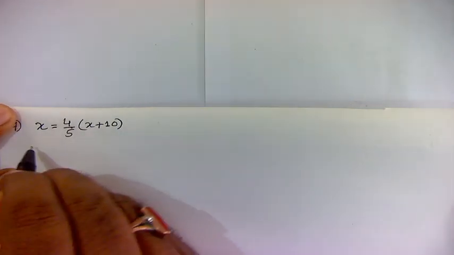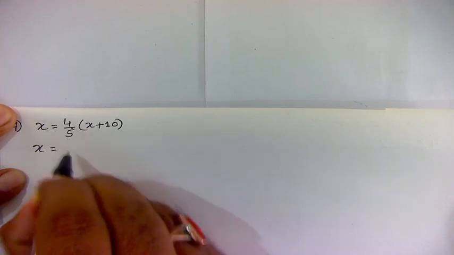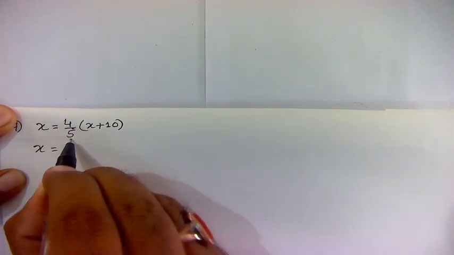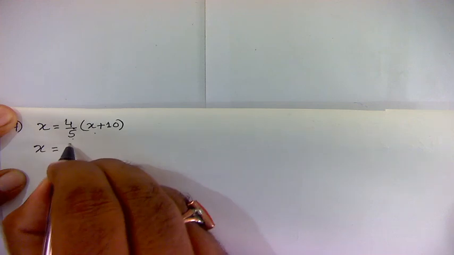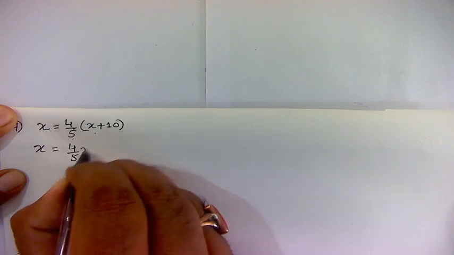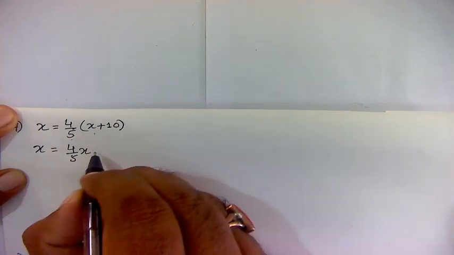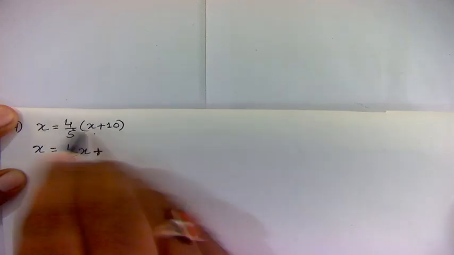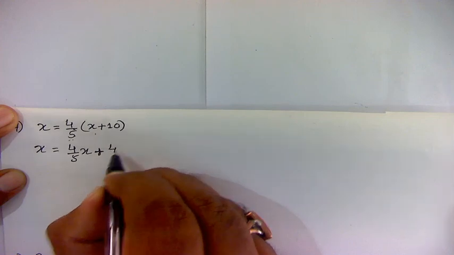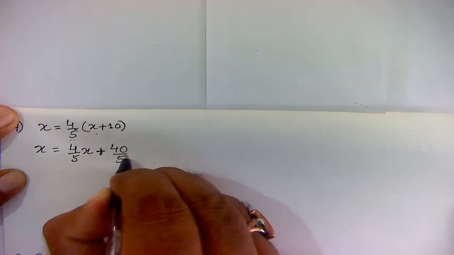On simplifying, we will multiply 4 upon 5 by x. You get 4 upon 5 x. Then 4 upon 5 will be multiplied by 10, which gives you 40 upon 5.